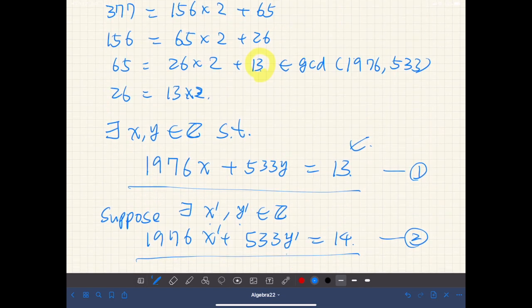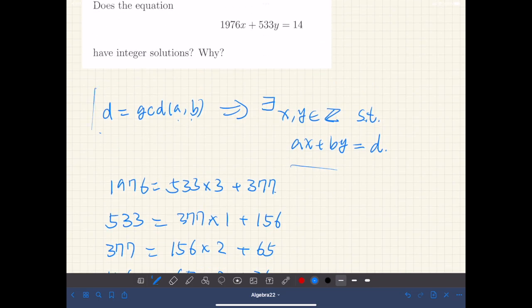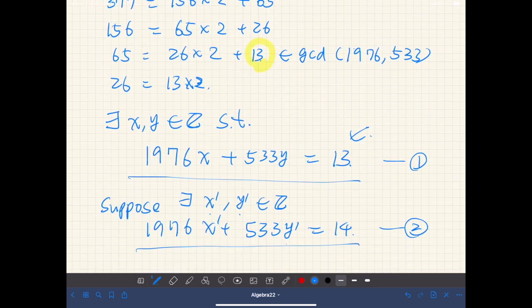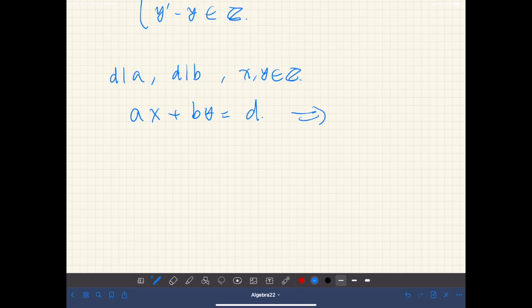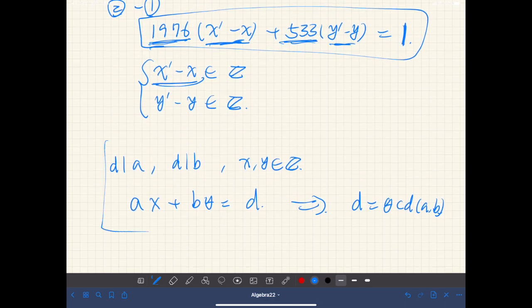Actually, we cannot use that theorem here, but we can use the converse of this theorem that says if d divides a and d divides b, and x and y are integers that satisfy ax plus by equals d, then d is the greatest common divisor of a and b. So we can use this theorem.